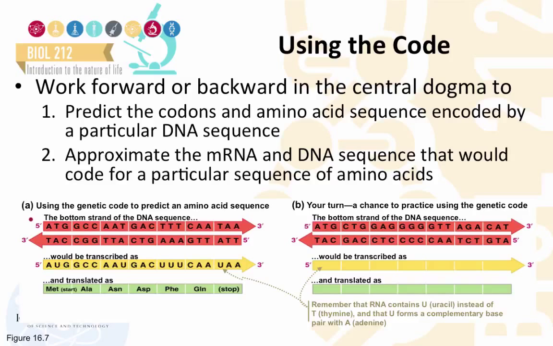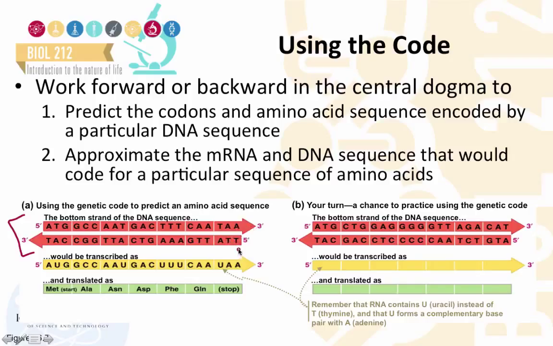Let's learn how to use this code. If given a DNA sequence, you should be able to transcribe it in the form of mRNA and then translate it in the form of a protein. So if the DNA has this particular sequence, we know that DNA is double-stranded. Both the strands are anti-parallel to each other.